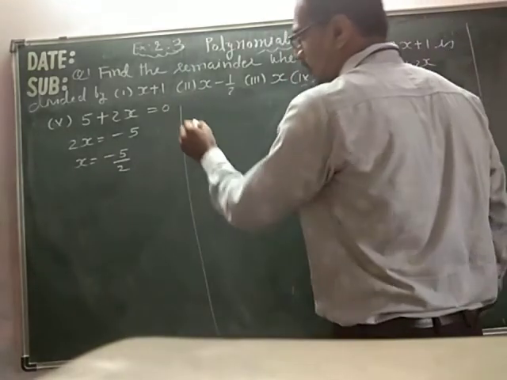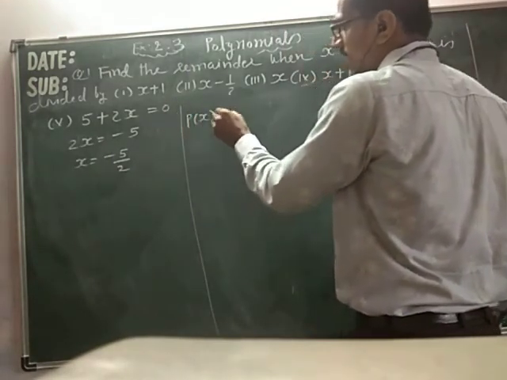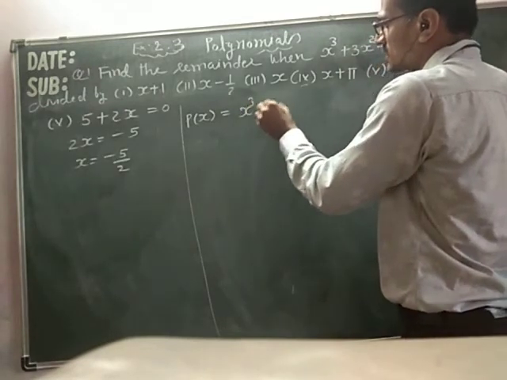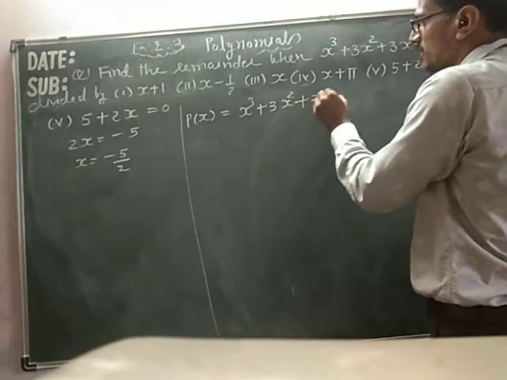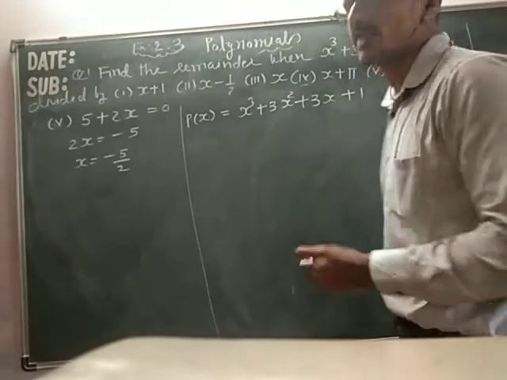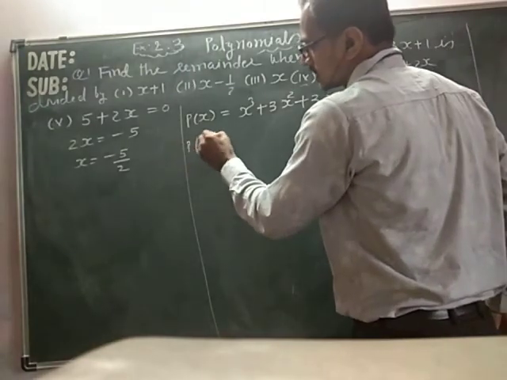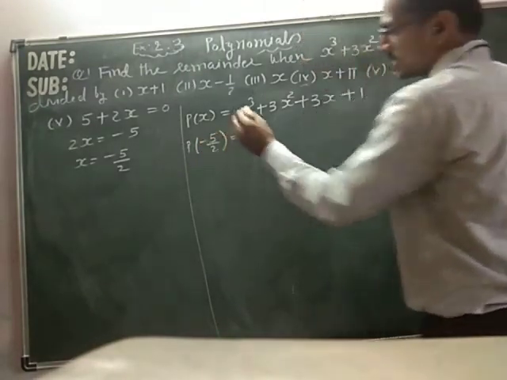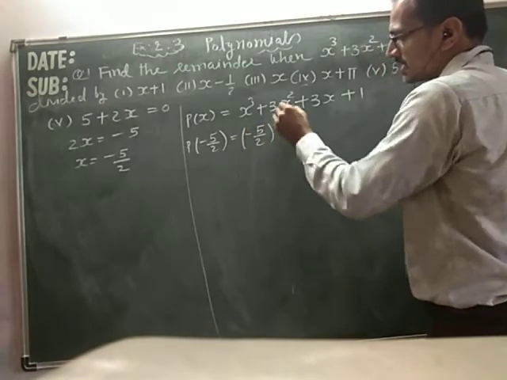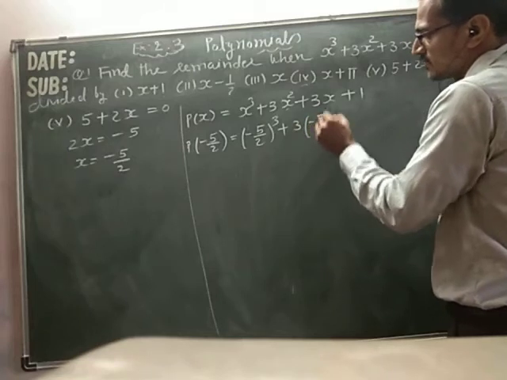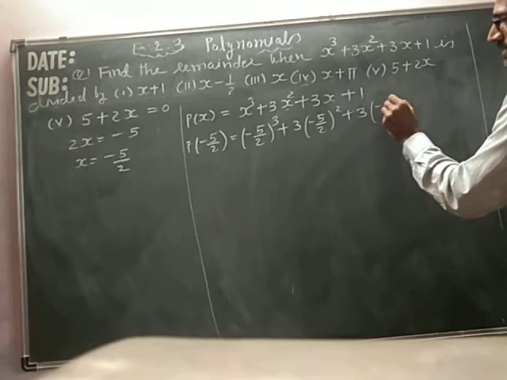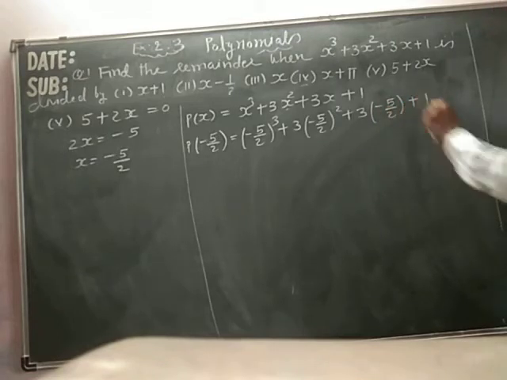Now here we are having the polynomial p of x equals x cube plus 3x square plus 3x plus 1. Now let us substitute the value of x, which is minus 5 by 2. So (minus 5 by 2) cube plus 3 (minus 5 by 2) square plus 3 (minus 5 by 2) plus 1.